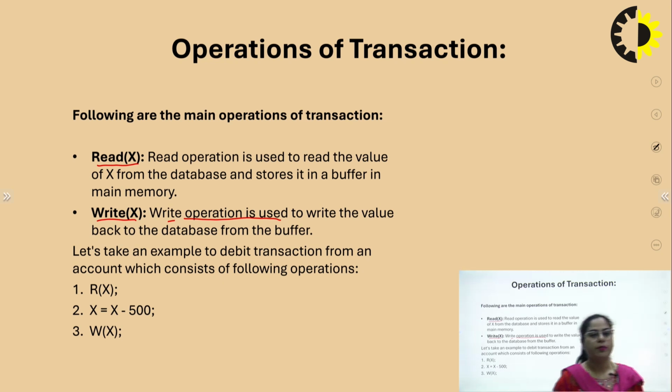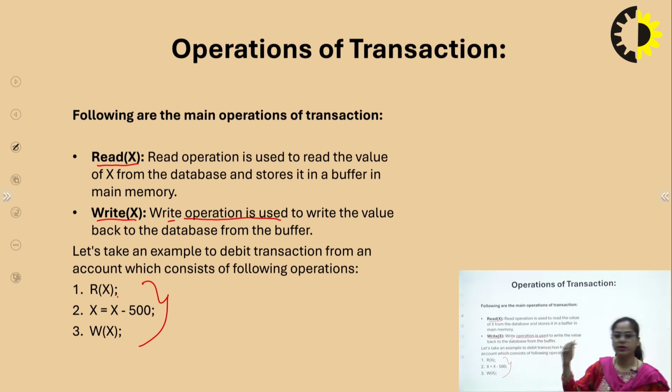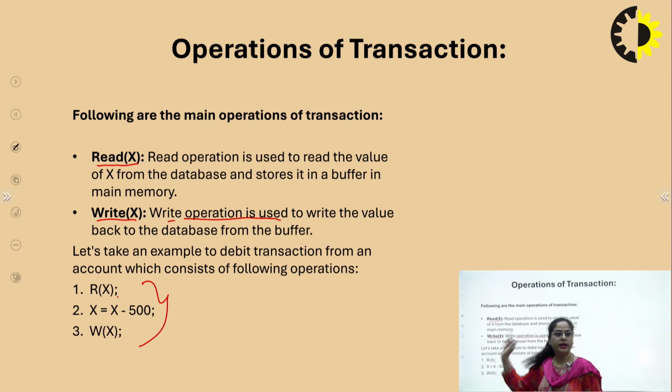Let's take the example of a debit transaction from an account, which consists of the following operations: read of X, X equals X minus 500, and write of X. Here, read of X means the value of X is read from the database. Suppose the value of X is 4000.